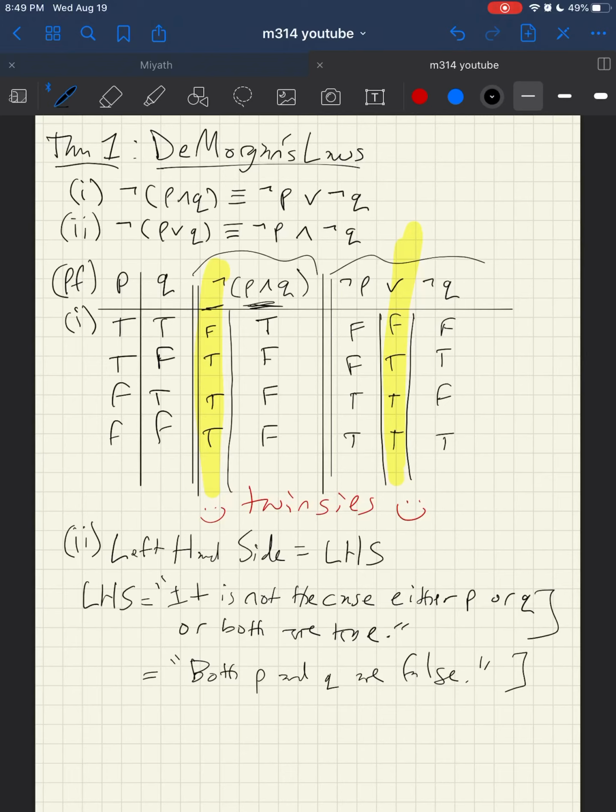But what's a way to say both P and Q are false with symbols? Well, I just say P is false and Q is false, and that's exactly the RHS, which hopefully you can guess means right-hand side. And that concludes our proof.